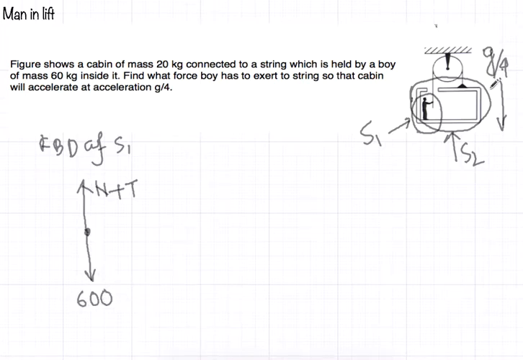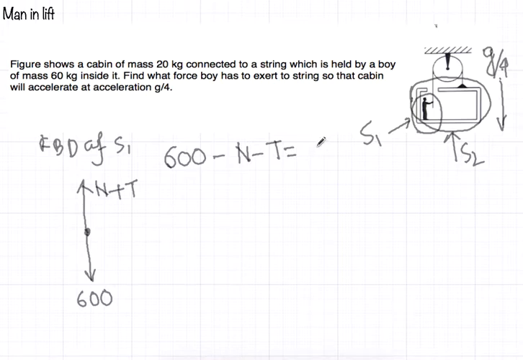So what is the equation? Eventually the man is going down with g by 4. So what we'll write? 600 minus N minus T is equal to m a, where a is g by 4.